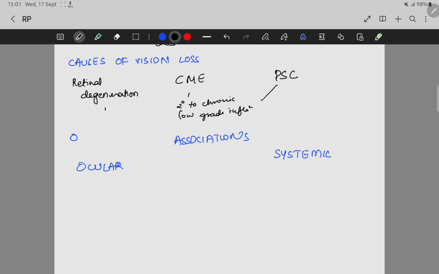Ocular associations include high myopia, primary open angle glaucoma, microphthalmos, keratoconus, and posterior subcapsular cataract.